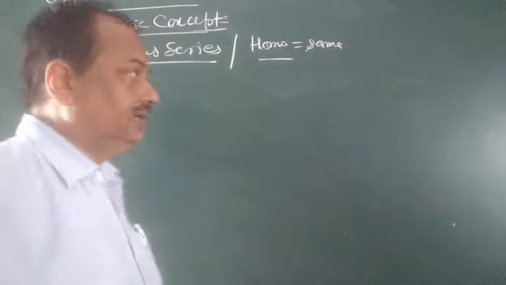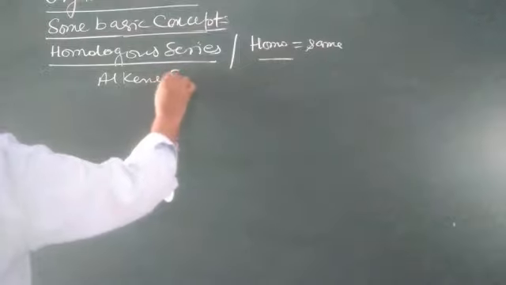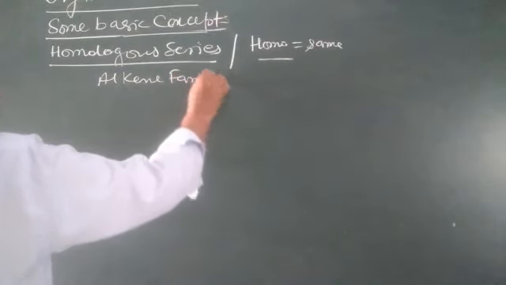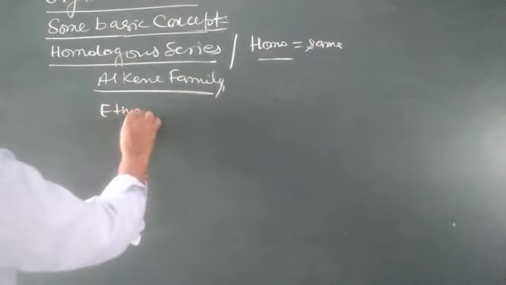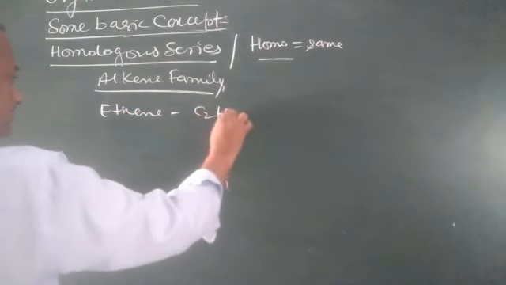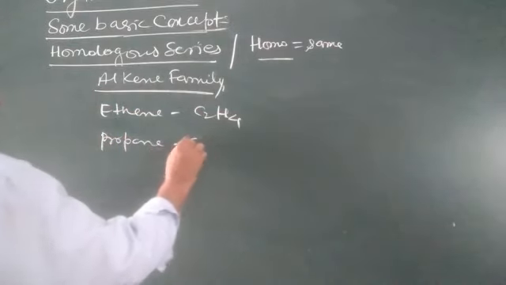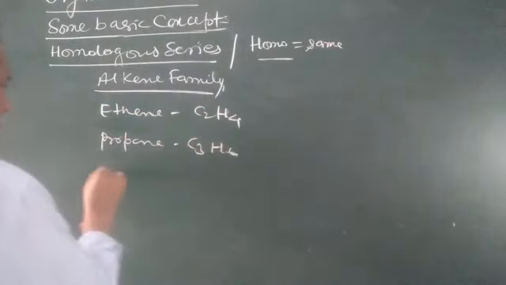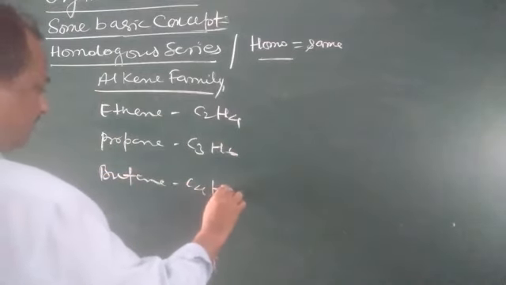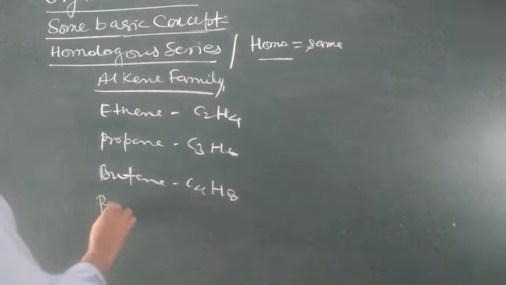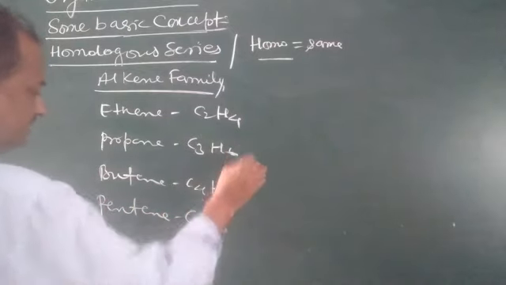See how? Like alkene family. So simplest alkene, it is ethene, C2H4, then propene, C3H6, then butene, C4H8, then pentene, C5H10.